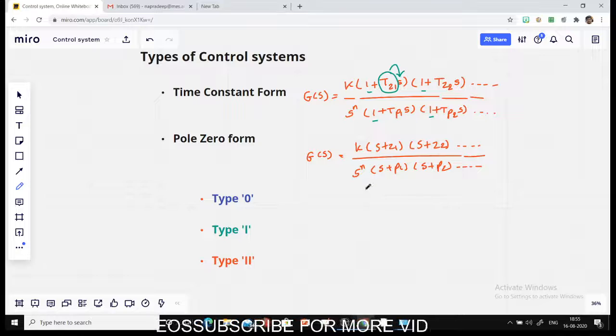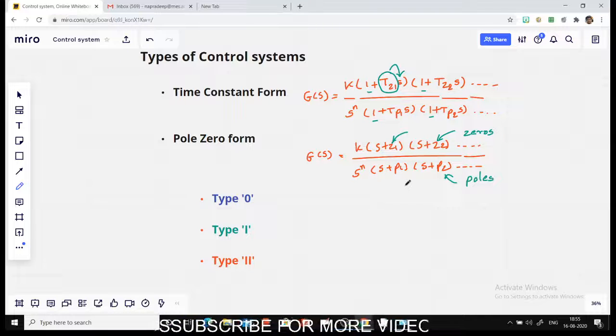So this is called the pole zero form, in which in the numerator you will get s and the constant term separate, and these are called zeros of your system, and in the denominator similarly you will get s terms which are called poles. This representation is called pole zero form. You will find most of the representations in pole zero form.